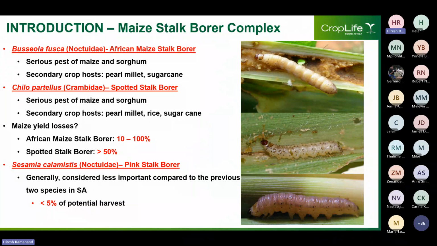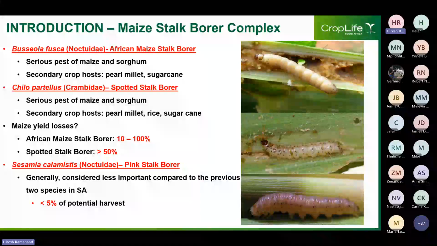Sesamia calamistis, while considered an important stalk borer species, is generally less important when compared to Busseola fusca and Chilo partellus as a pest of cereal crops in East and Southeast Africa, but may be locally abundant. It is only a serious pest of cultivated cereals in Central and West Africa, where yield losses of up to 100% have been recorded where the species was found in mixed populations with Busseola fusca.